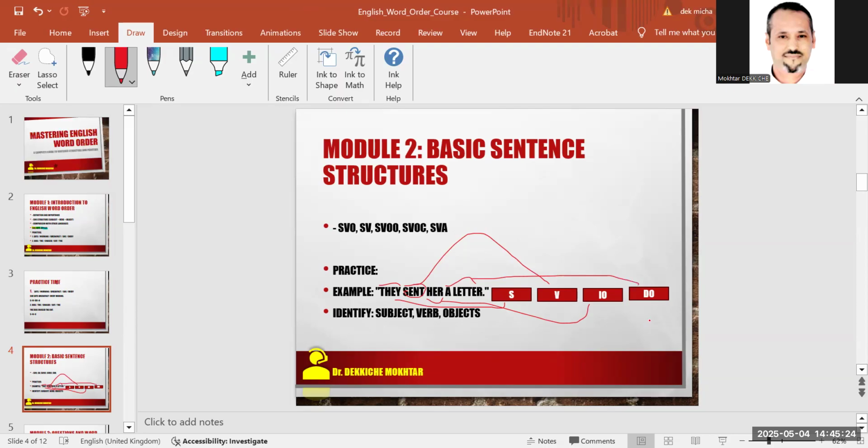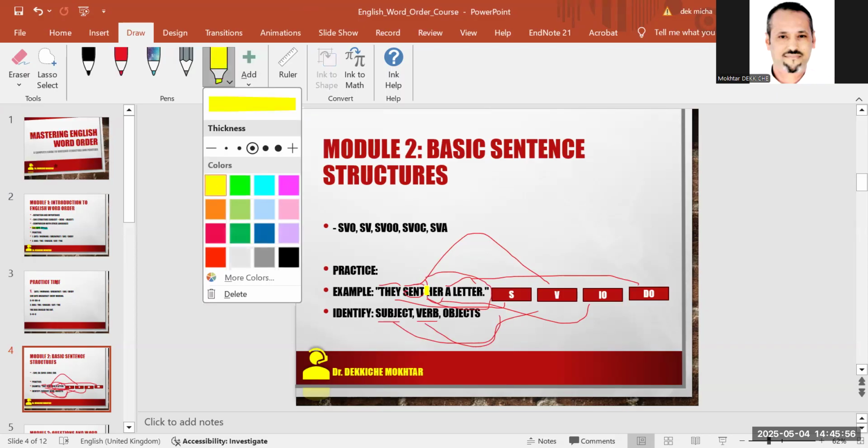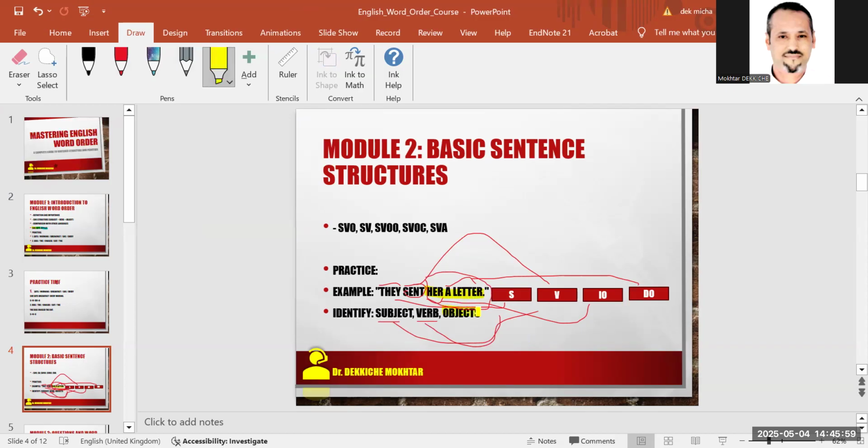The second one. Okay, so we identify here the function of every word. We identified the subject, we identified the verb, and the two remaining words, "her" and "a letter", are objects.